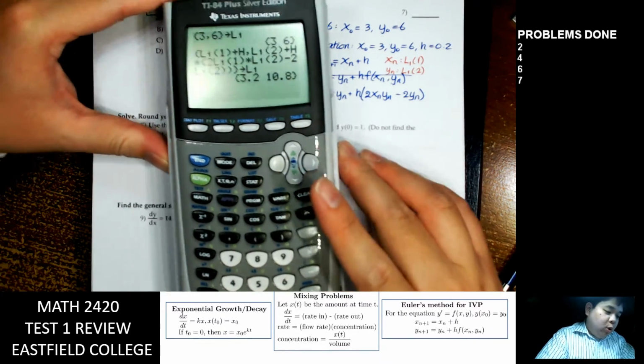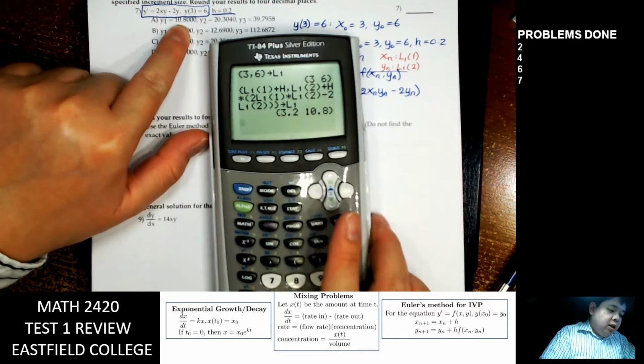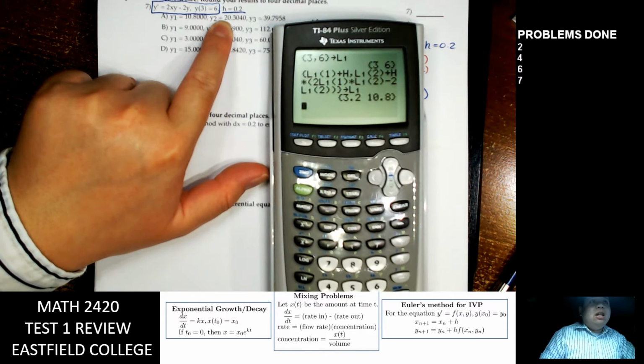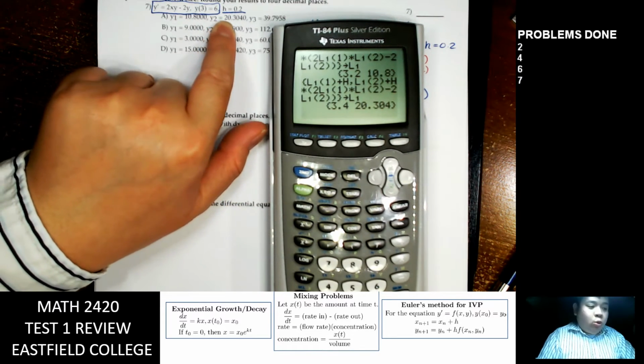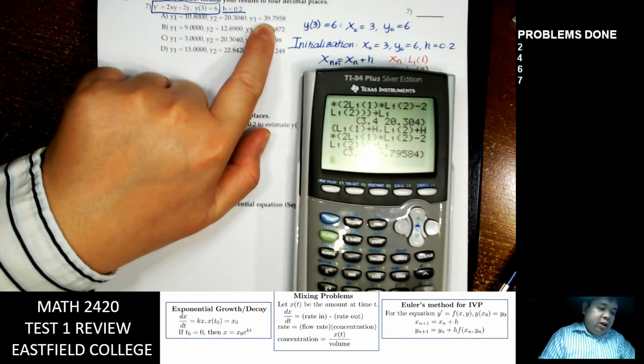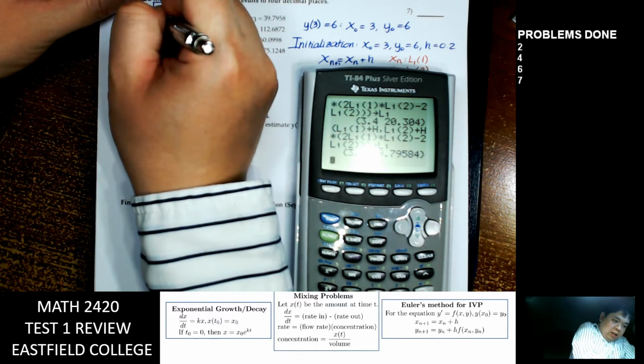So we have 3.2 and 10.8, right? Hit enter again. We have 20.304, so that looks right. Then enter again, 39.79584.